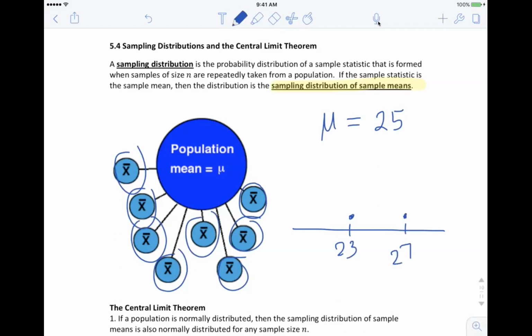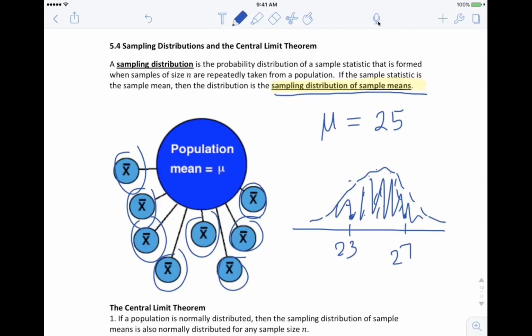If I have dots everywhere, or let's just say it ends up like this, this would be called the sampling distribution of sample means. It's how those sample means are distributed when we plot them on a graph.